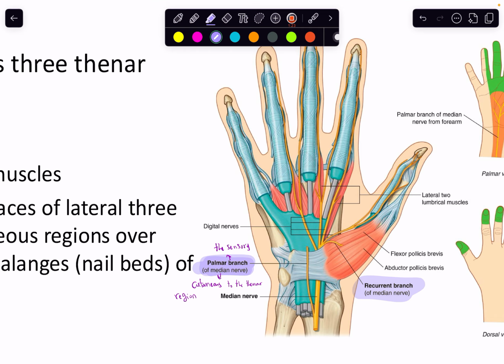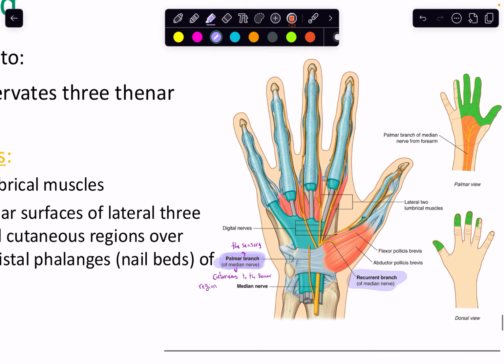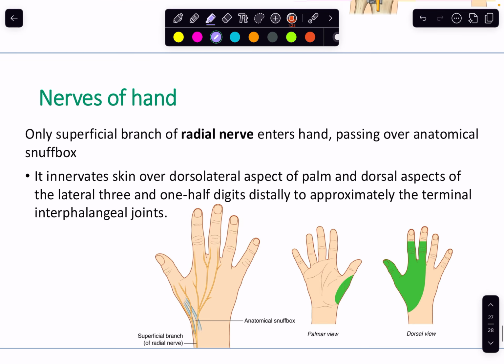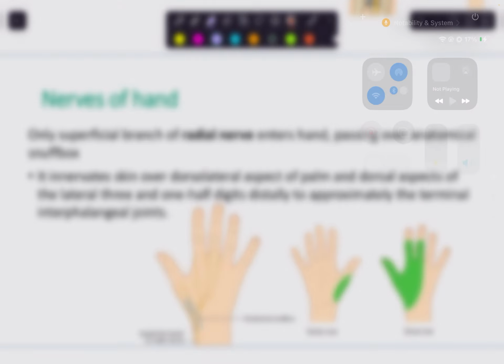If you see, this is showing the palmar branch. The palmar branch is innervating the thenar area. So this area's sensation is intact in carpal tunnel syndrome, right? But the digitals, these green branches, are the digital branches that are supplying the skin.